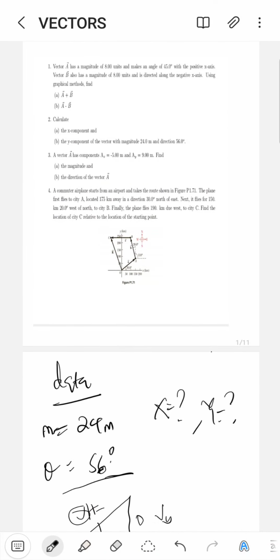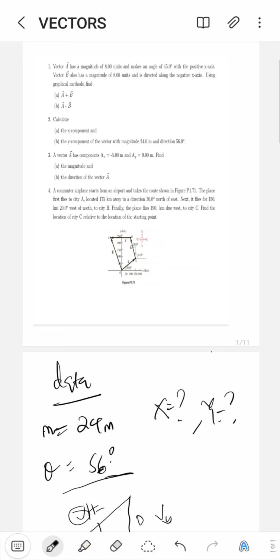A vector A has components: the x component of A is -5 meters and the y component is 9 meters. So ax is -5 and ay is 9.